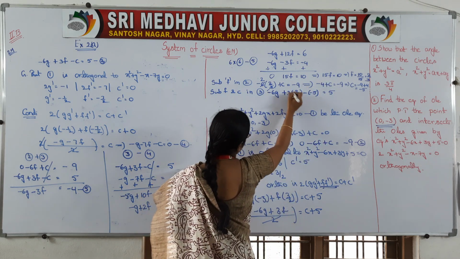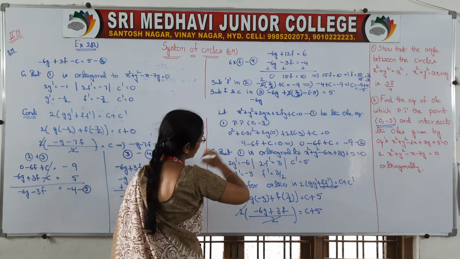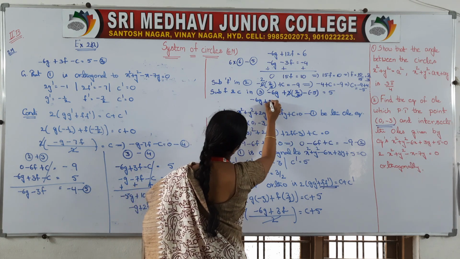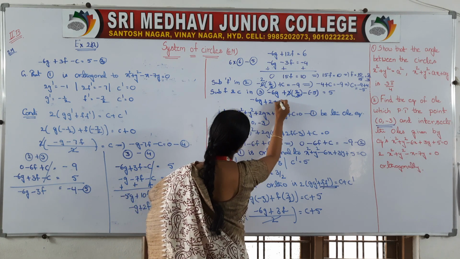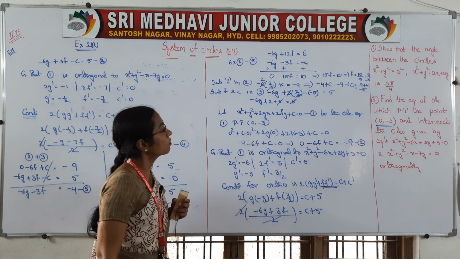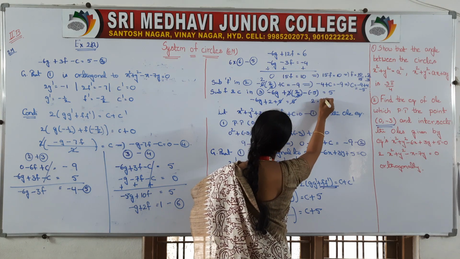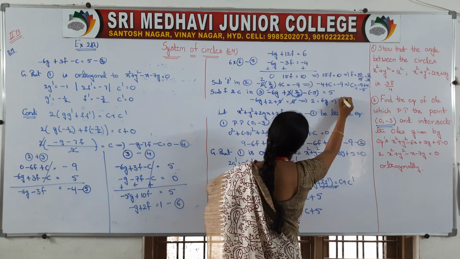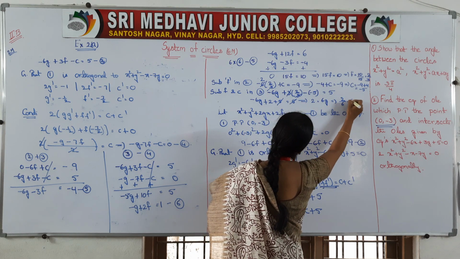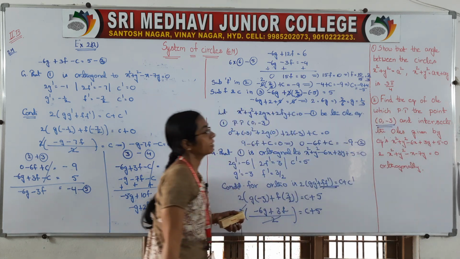So the 3s cancel. Minus 6g plus 2, and this is minus of minus, plus 5. So the 5s both will get cancelled. So send 6g to that side. 2 is equal to 6g, and what is your g? 2 by 6 is equal to g, it is 1 by 3.